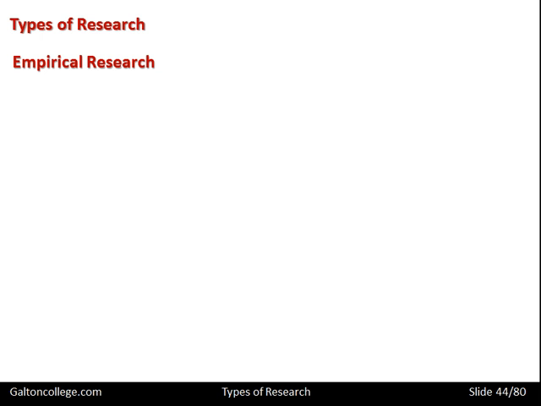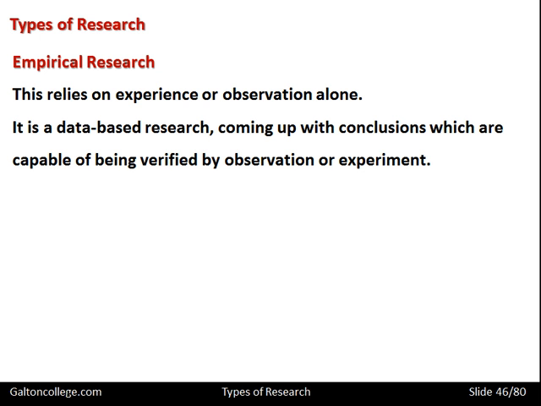So it's not experiment in the true sense, but we call it empirical, practical. It relies on experience or observation. It's data-based research, coming up with conclusions which are capable of being verified by observation or by experiment. It's empirical. It's done by observation or by experiment.